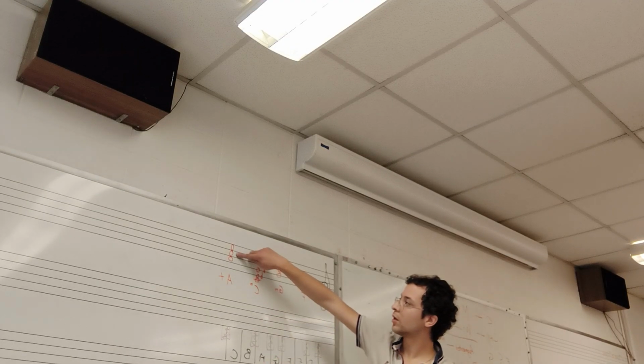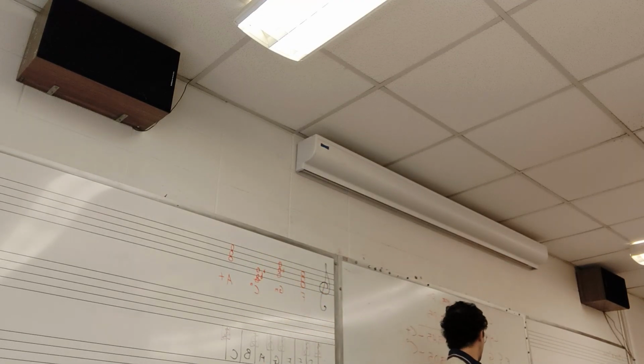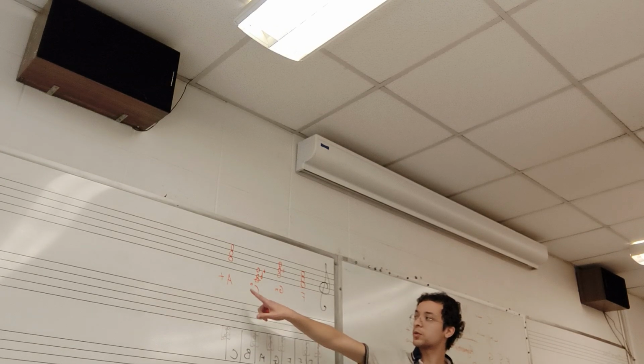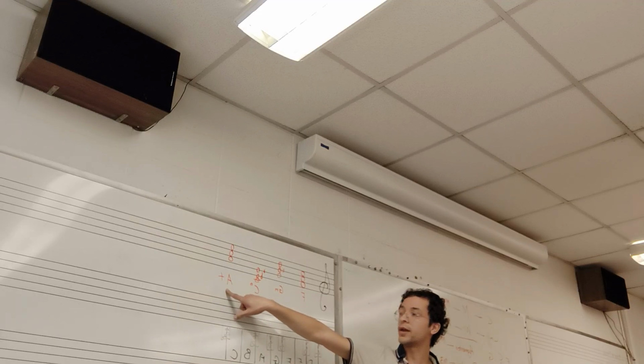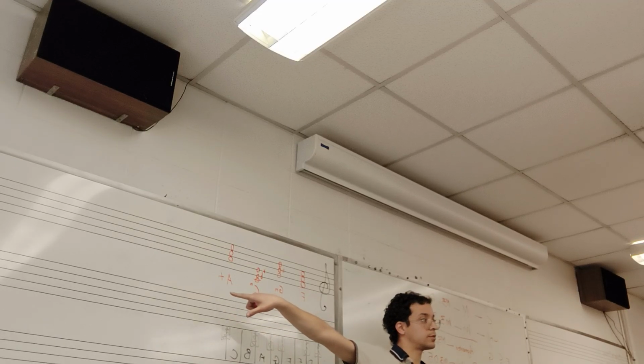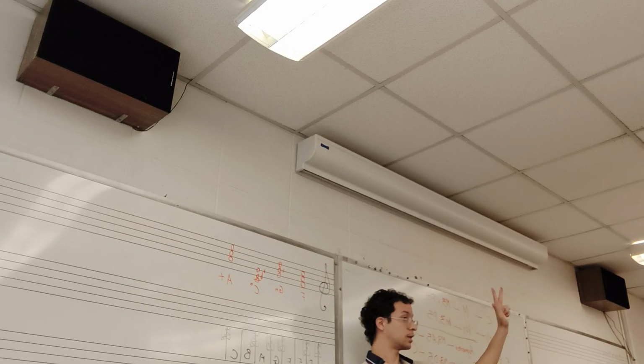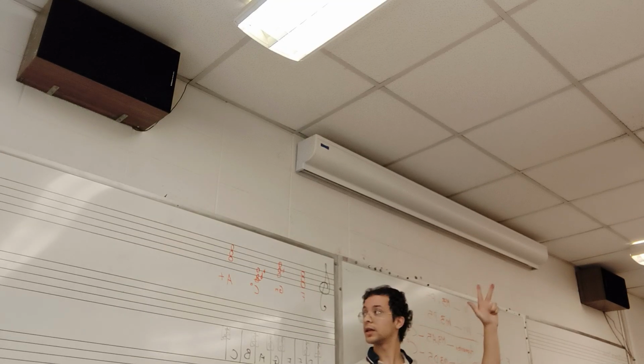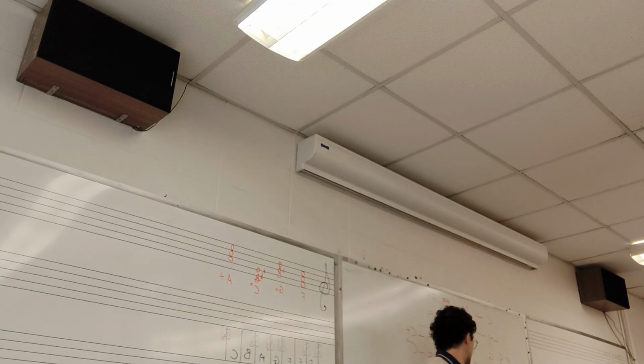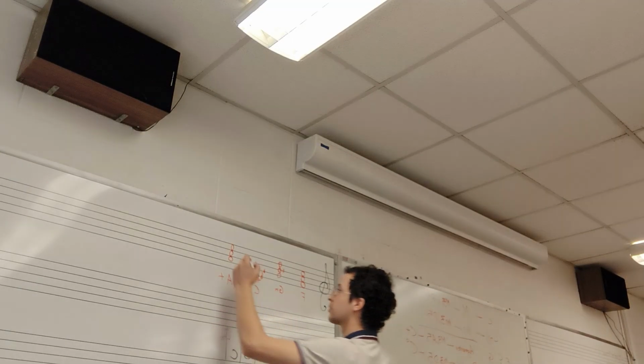So C, is C sharp in A? Yes, right? What type of third does an A augmented need to have? Major. So A, B, C. We know it's C. What type of C? C sharp. Okay, cool.